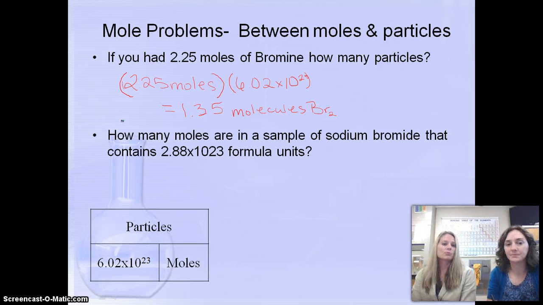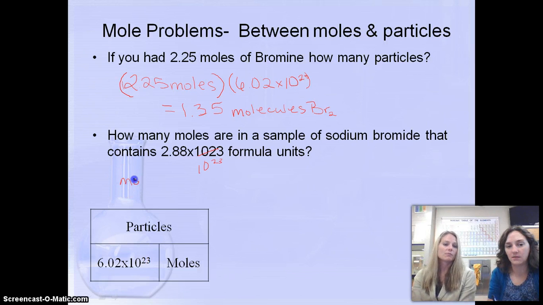So here's another example. We're going to go the other way. How many moles are in a sample of sodium bromide that contains 2.88 times 10 to the 23rd formula units? That should be raised to a superscript; sorry, typo. So the formula unit is a type of particle, so that's going to go in place of that top box.